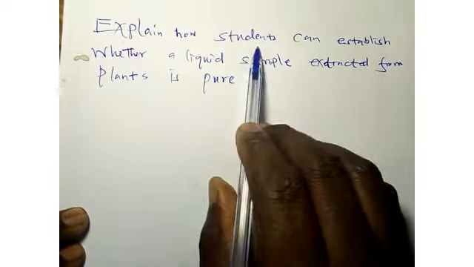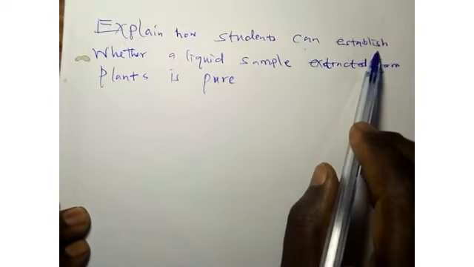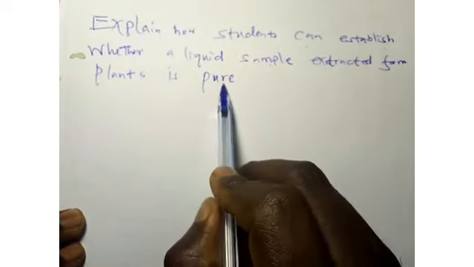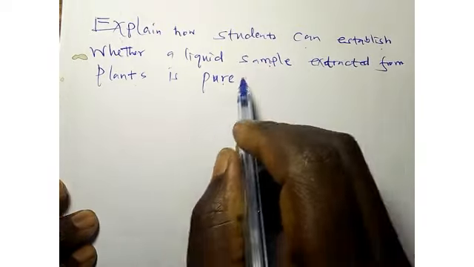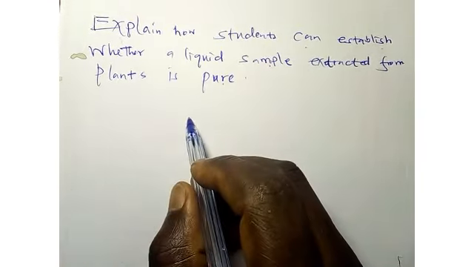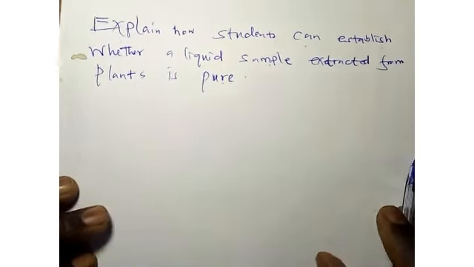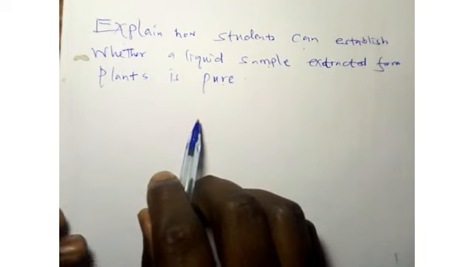Explain how students can establish whether a liquid sample extracted from plants is pure or not. Remember, in this topic, simple classification, to check whether a substance is pure, you use the melting point and the boiling point.